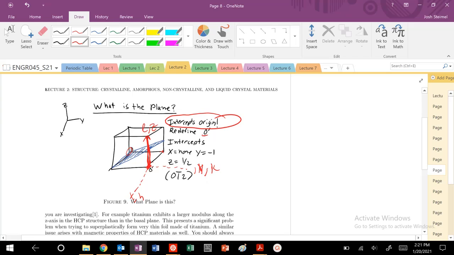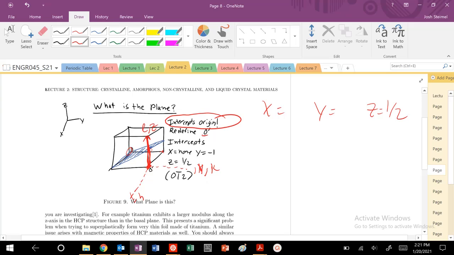All right, what are we going to do? Let's think about this for a second. Looking at this new origin, where are the intercepts? So let's define it here. X equals, y equals, z equals. Well, I could see a z-intercept right here very easily. So I see that I have an intercept at z equals 1/2. Excellent.